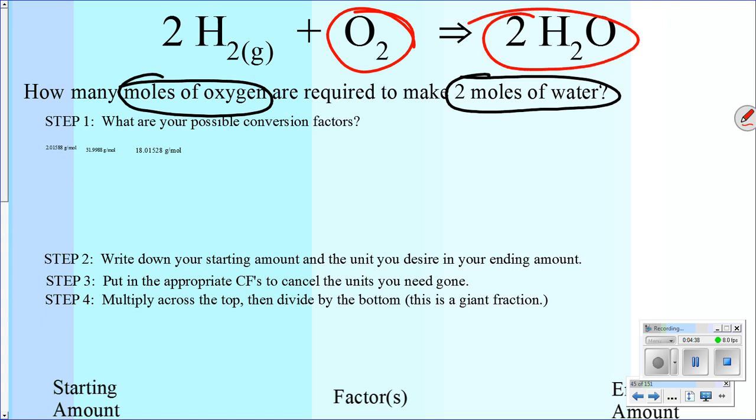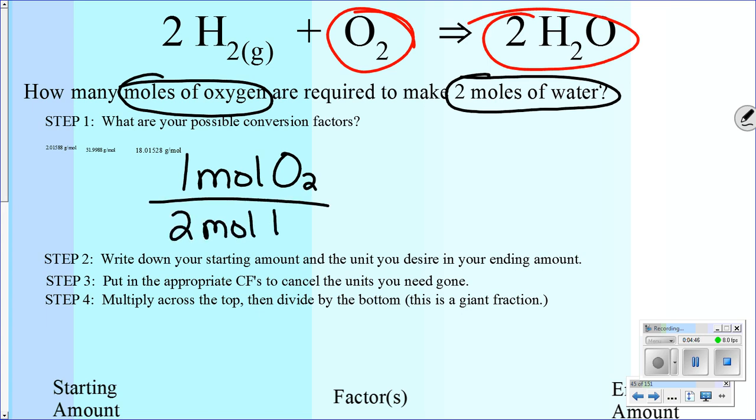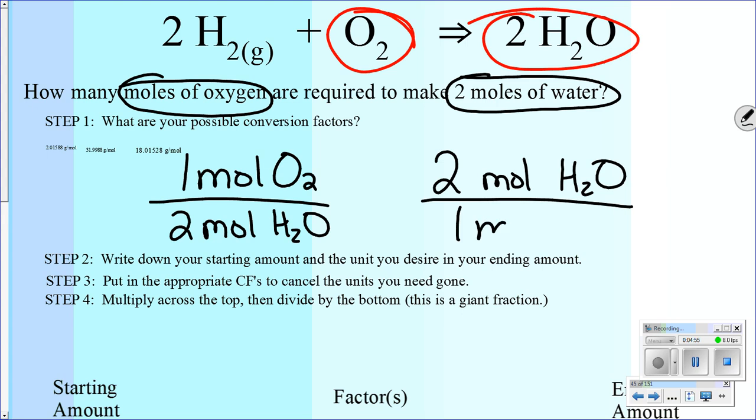Anytime I react 1 mole of oxygen, I receive from the reaction 2 moles of water. I could write this the other way as well. I could say, to get 2 moles of water, I require 1 mole of O2. So again, where these numbers are coming from, there's an invisible one right here.